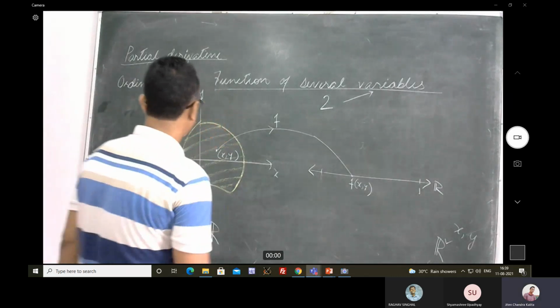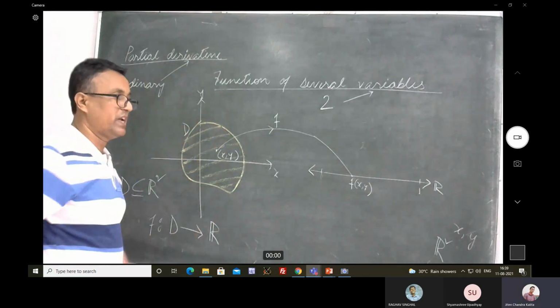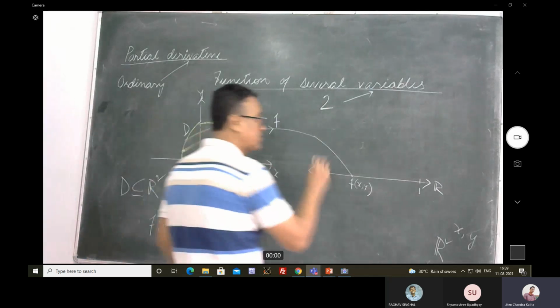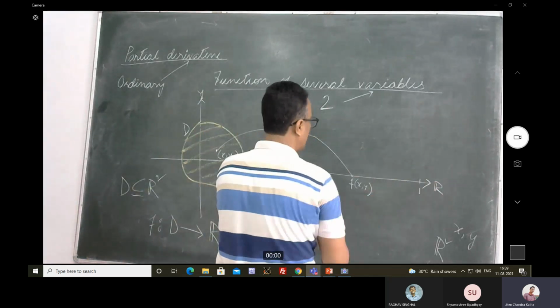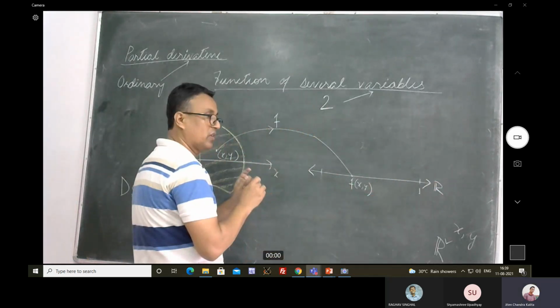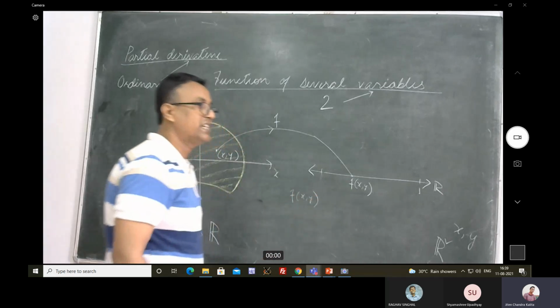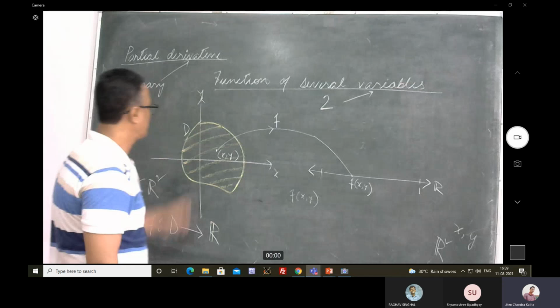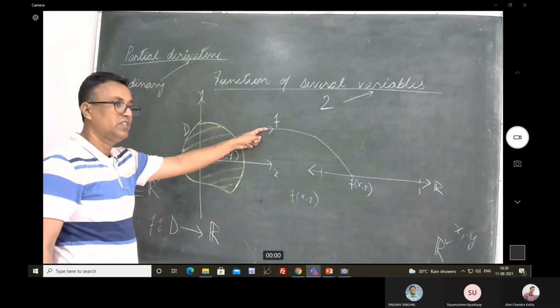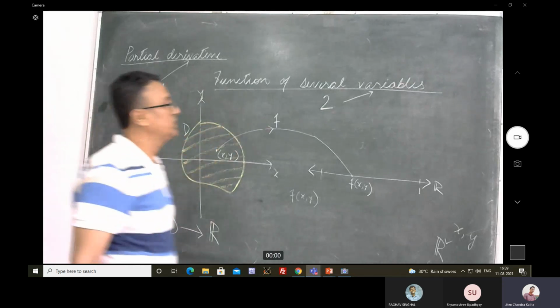D is called the domain, and the subset of R on which all the points like f(x, y) lie is called the range of the function f. Is it okay? Fine.